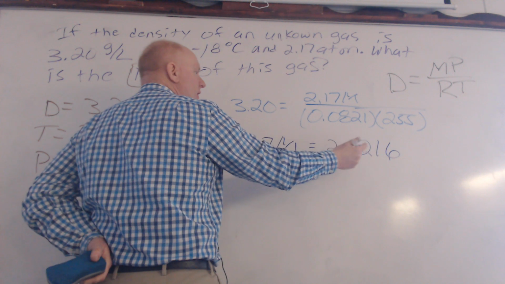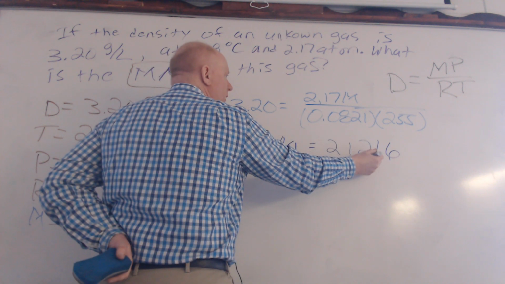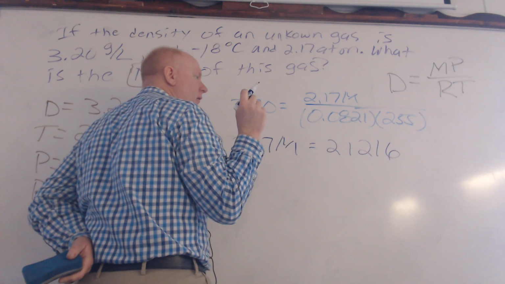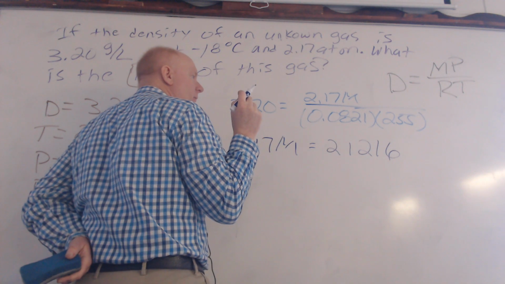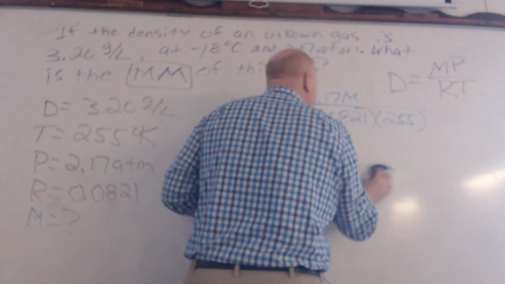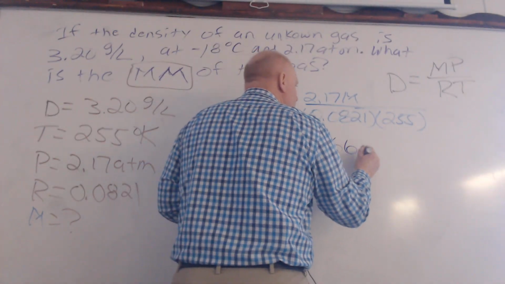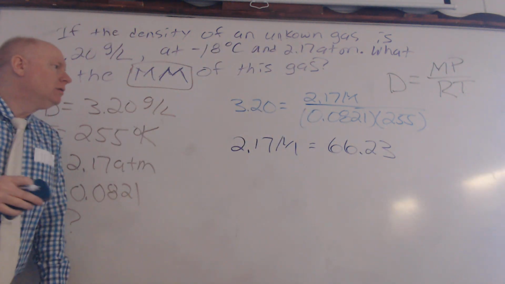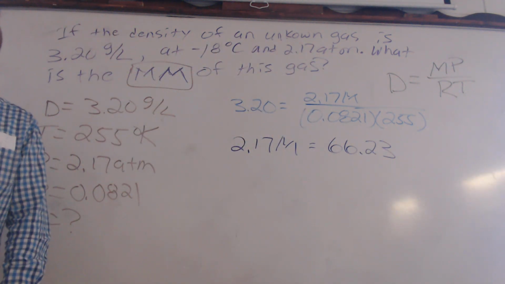Okay, there's got to be, is it right here? No. With that small of a number, yeah. Okay? 66.23 grams. 66.23. Okay? So, get M by itself.